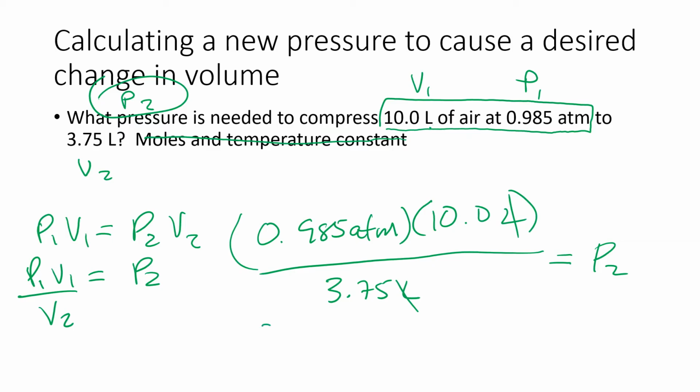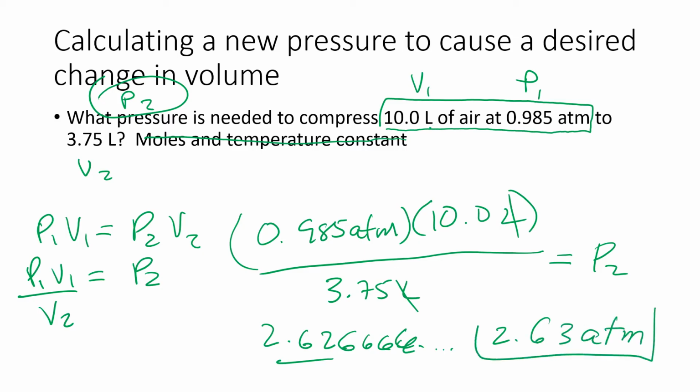I end up with 2.626666. It looks like we have 3 sig figs, so I'll go with that: 2.63 atmospheres. Box it in. Volume decreases, pressure increases.